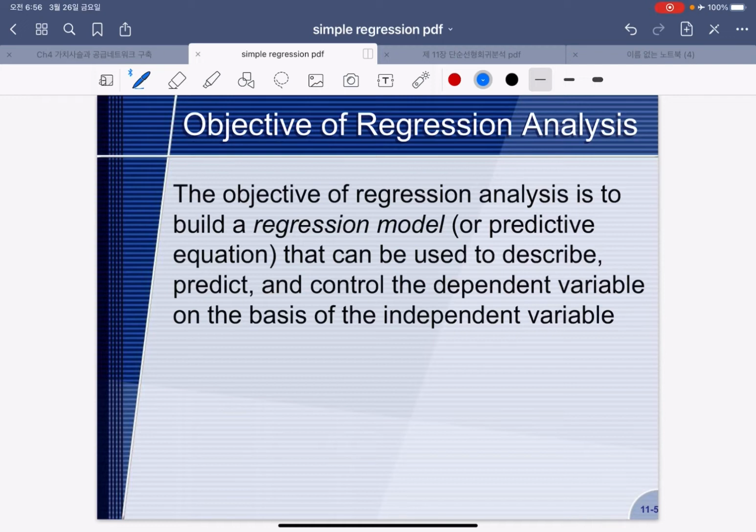Now, there are two purposes for using regression, right? One is to predict something, and second purpose is to find whether the relationship is positive or negative.